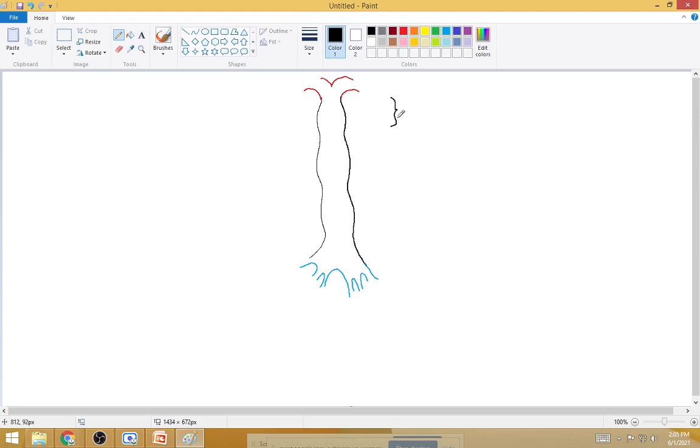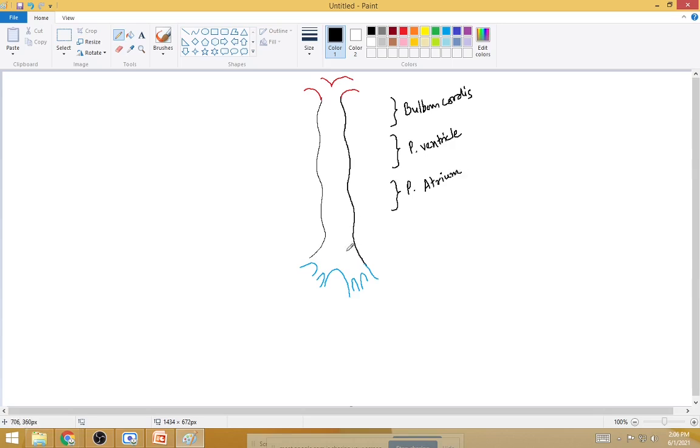This part is known as the bulbus cordis. This is the primitive ventricle. This is the primitive atrium.